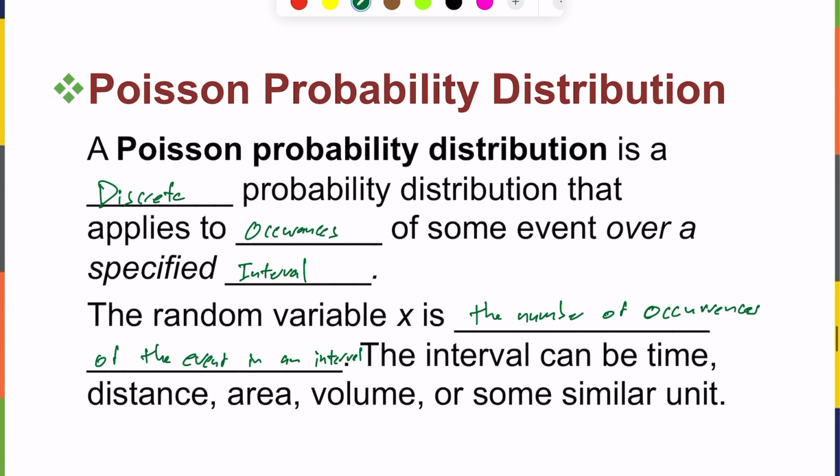Some examples are dents on a car. The car is the interval in this case, and the number of dents is the thing that happens, assuming that the dents are just sort of random and uniformly distributed, which in actuality they're not.